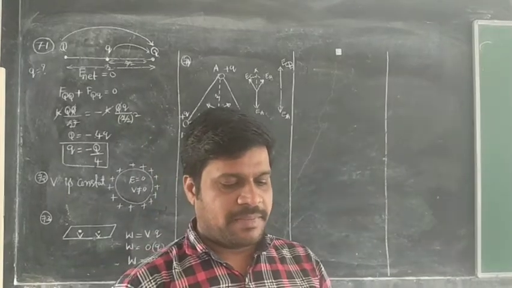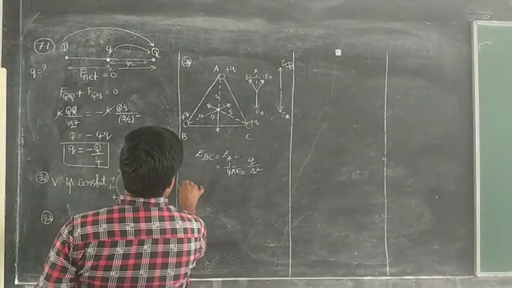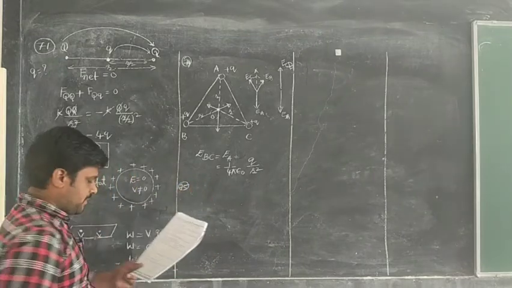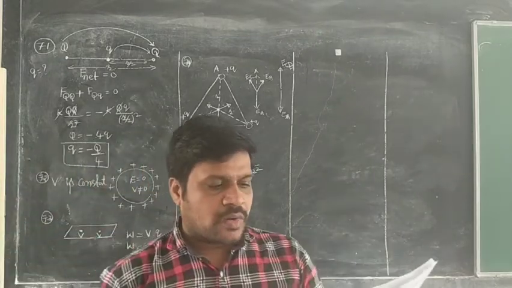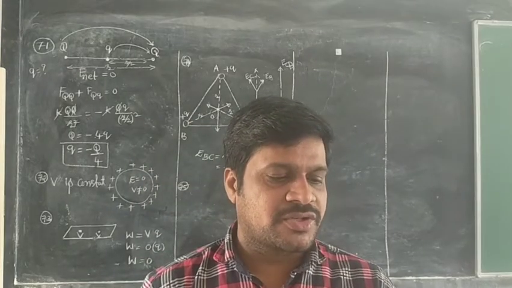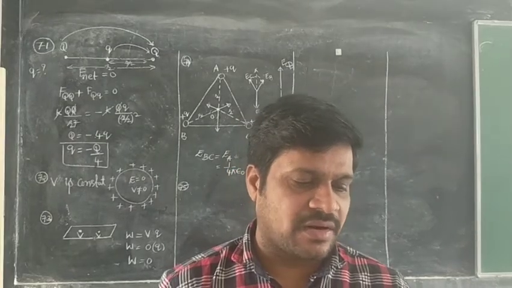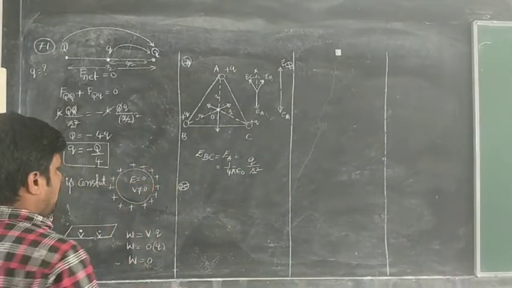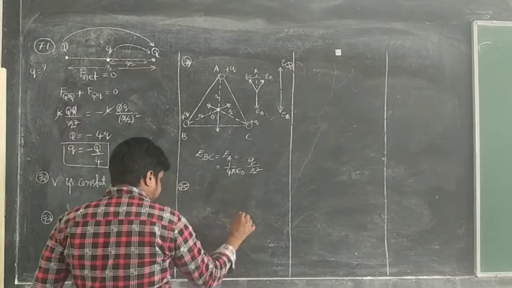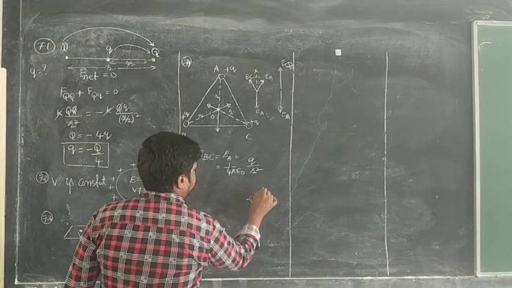Next, problem number 75. See, what is the 75th problem? On rotating a point charge having charge small q around a charge capital Q in a circle of radius R. Now this is the capital Q charge.